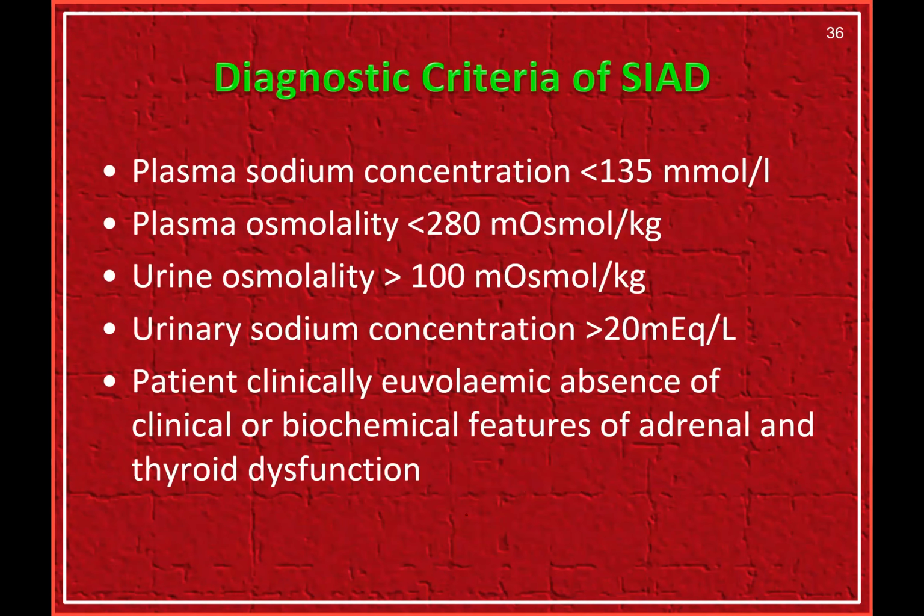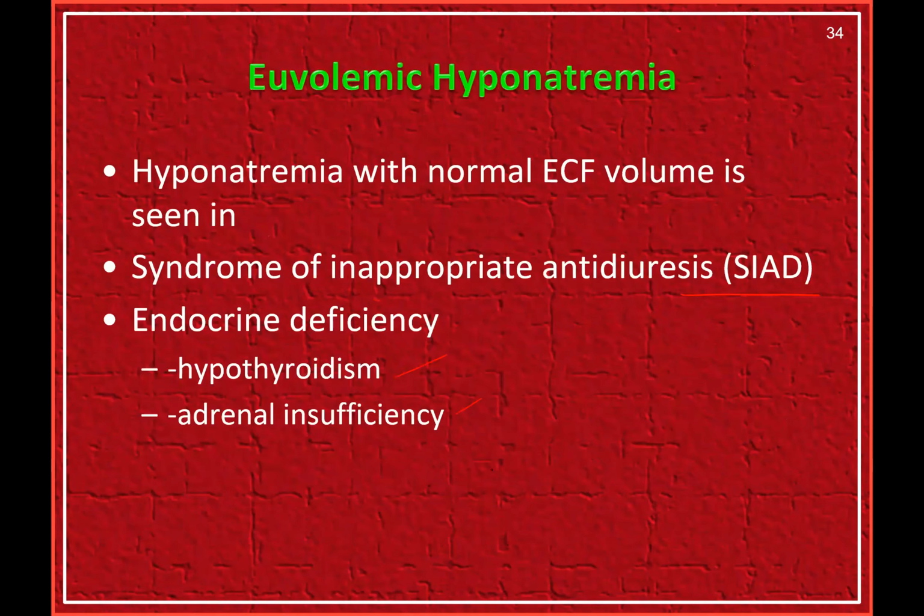Diagnosis, how do I diagnose? Serum sodium will be lower, plasma osmolality is slightly lower than the normal 285, urine osmolality is higher, urine sodium concentration is higher, and the patient is clinically euvolemic, in the absence of clinical or biochemical features of adrenal or thyroid dysfunction, because a similar picture can be due to hypothyroidism or hypoadrenalism.